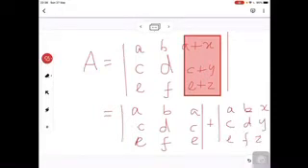So I can express this determinant as the sum of these 2 determinants.